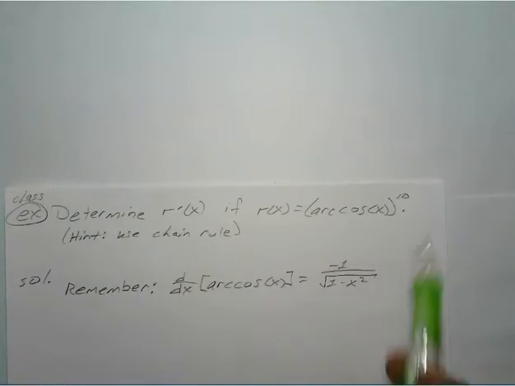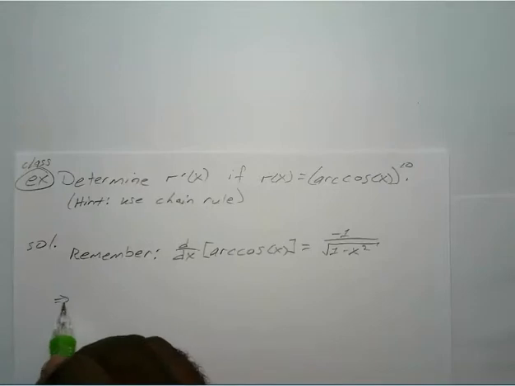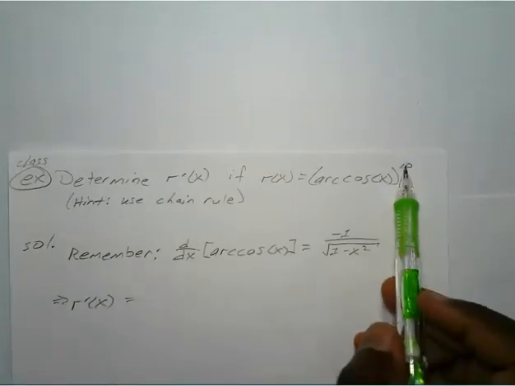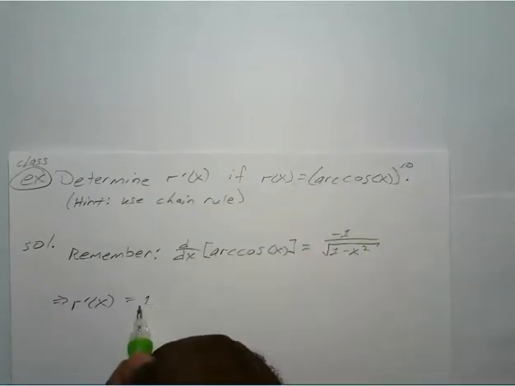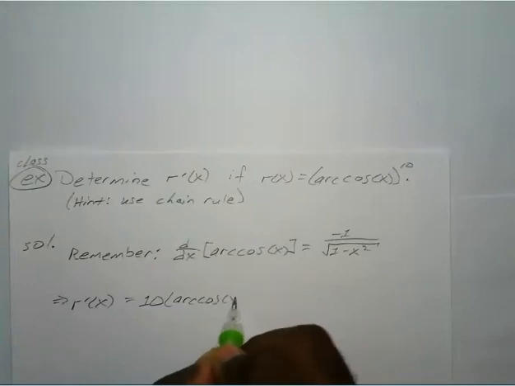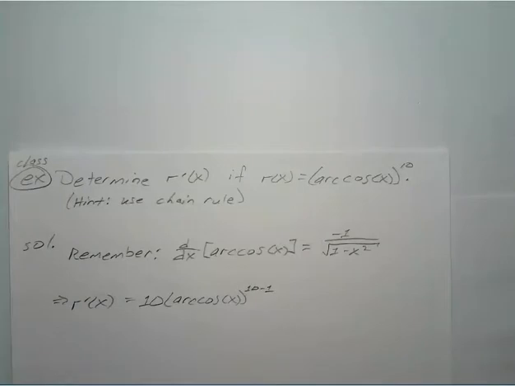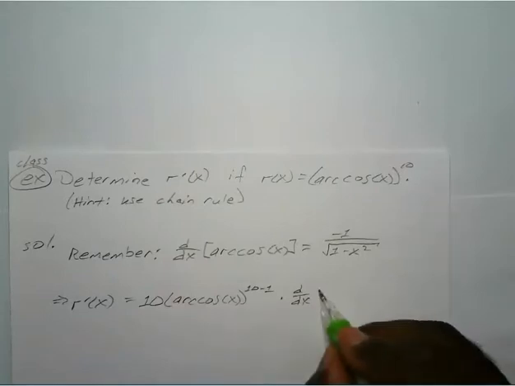Find the derivative using the chain rule. The derivative is equal to, we find the derivative of this whole thing, so we bring down our 10 times the arc cosine of x to the 10 minus 1 times the derivative of what's inside.